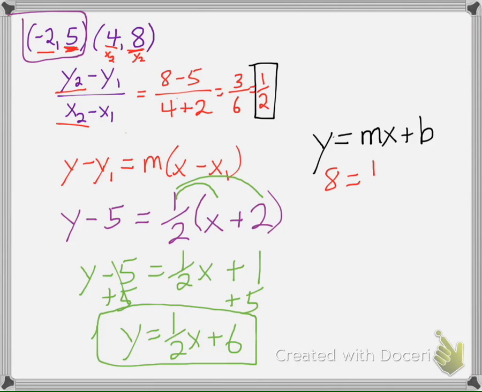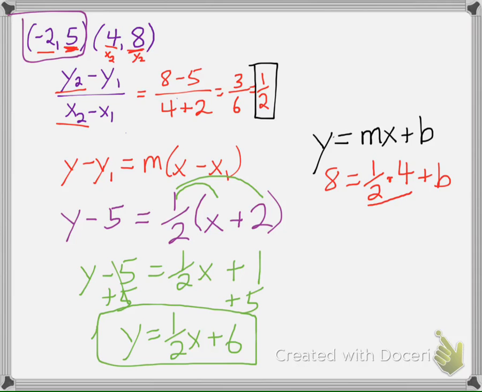Equals my slope, which is 1/2, times my x value, which if I use 8 as my y value, that means 4 is my x value, right? Looking at that second point, 4, 8. Plus b. And then from here, I'm going to multiply those.